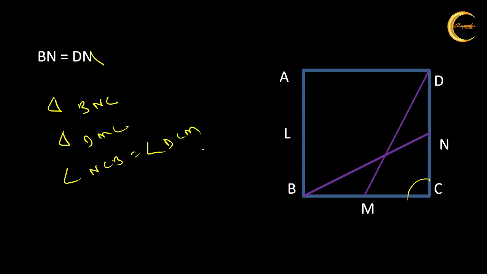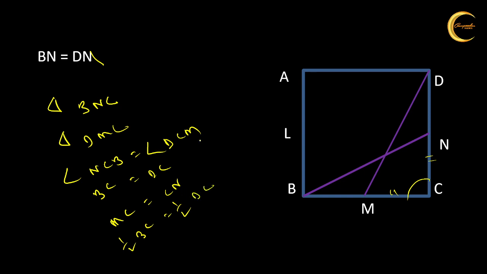And these sides: BC equals DC side. And again, this side equals this side, NC side equals CM side. This MC means half of BC equals half of DC.